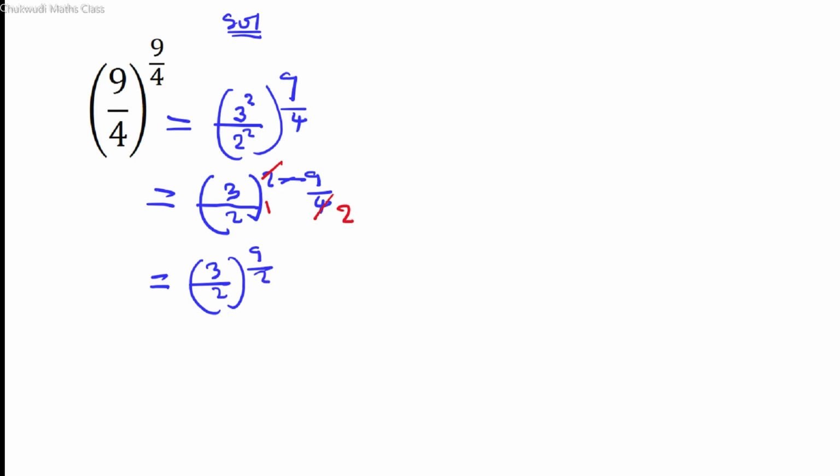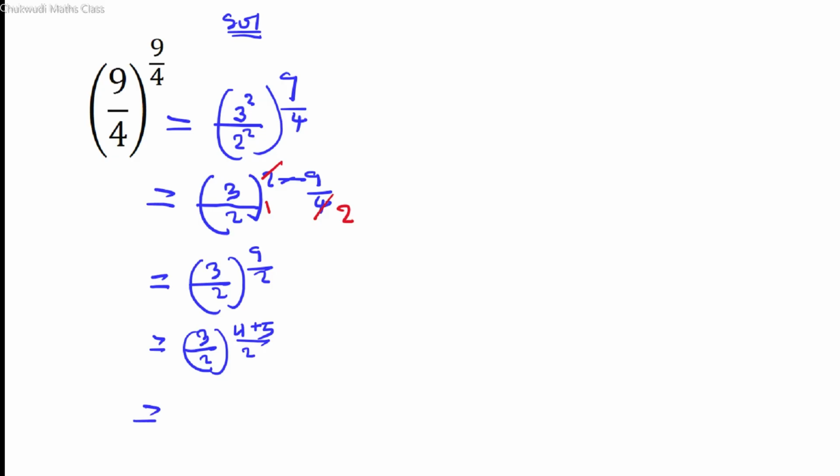So our work now is going to be in the exponents. We'll keep simplifying this exponent 9/2 until we get our final answer. So what do we do now? This is equal to (3/2) raised to the power 9/2, and the 9 can be written as 4 plus 5. 4 plus 5 is also equal to 9.